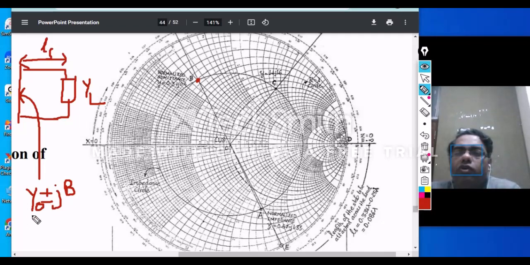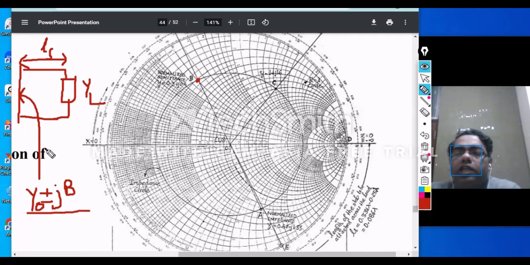If we talk of normalized quantities, we divide everything by Y0, so it is 1.